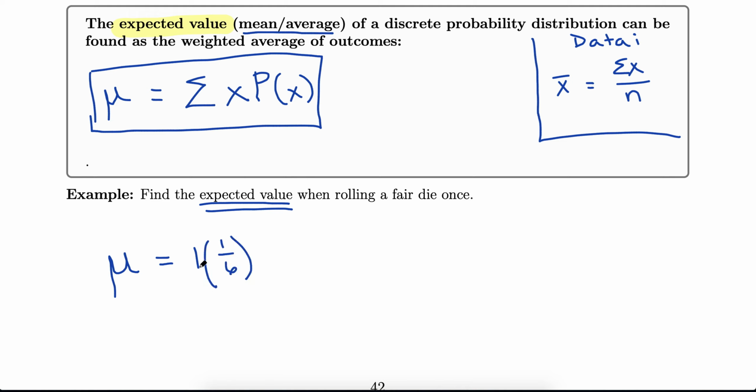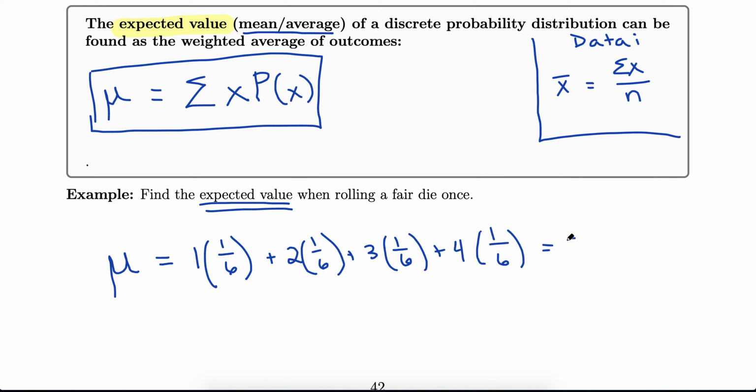I'll see a 1 1/6 of the time. I'll see a 2 1/6 of the time. And I'm just going to add this up across the board here. And if you do this, you should get 3.5.